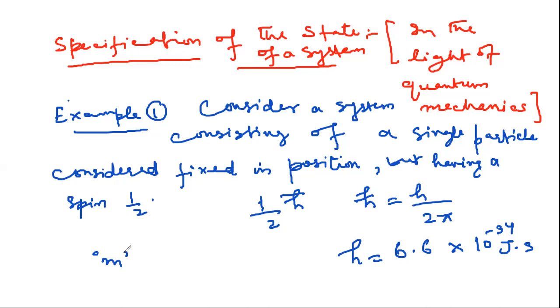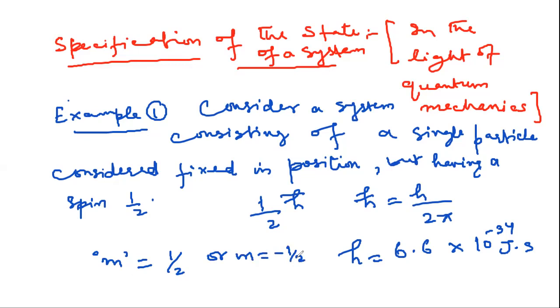Now, this quantum number M can assume two values. It can be plus half, or it can be minus half, right?